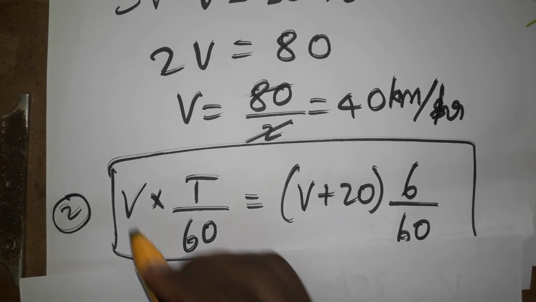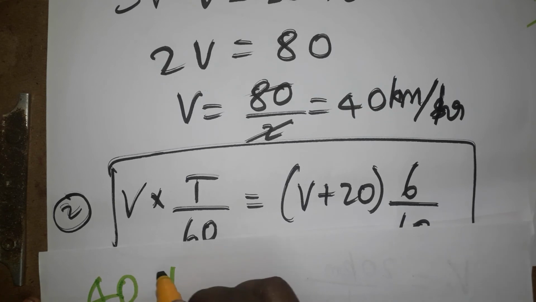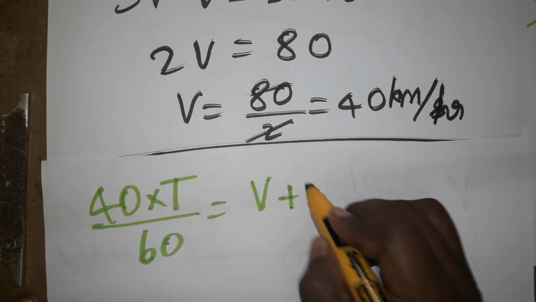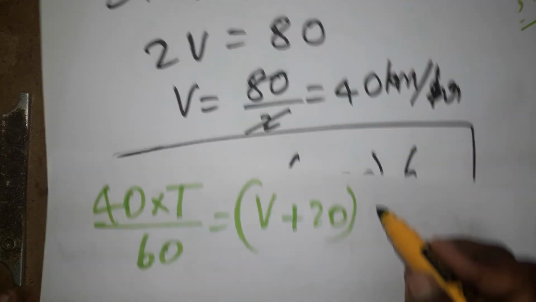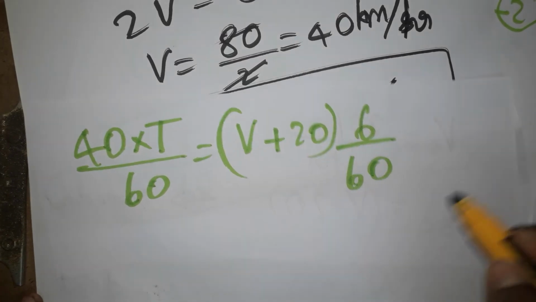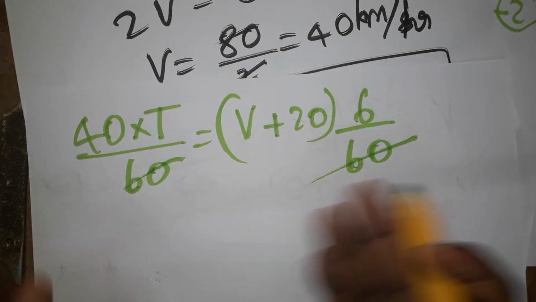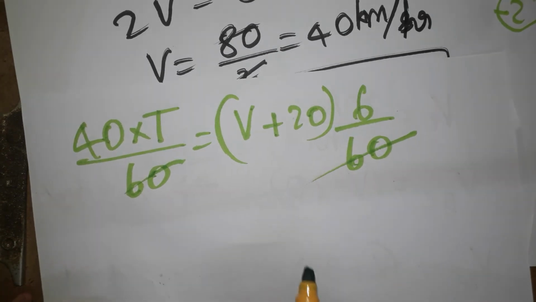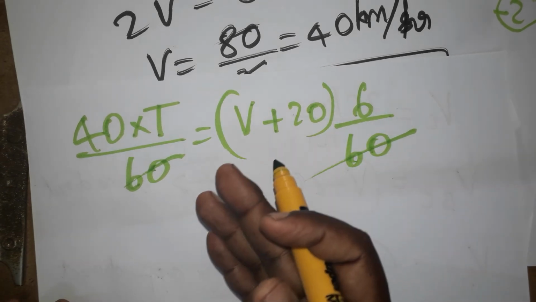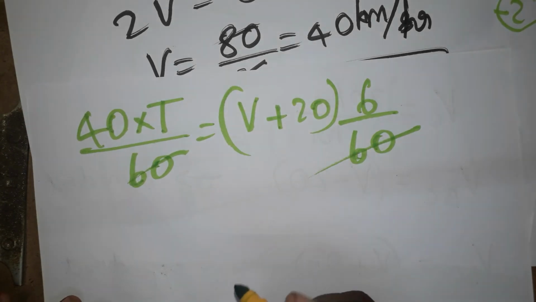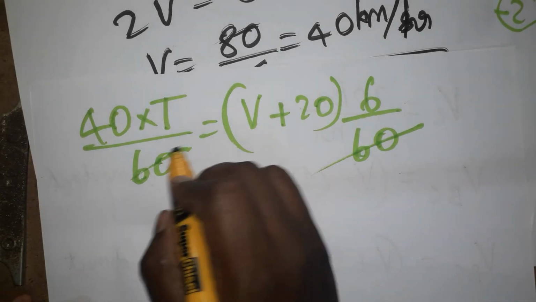Now the V value 40 I substituted: 40 times t divided by 60 is equal to (V plus 20) into 6 by 60. One more thing I want to tell you, 60 and 60 get cancelled, so our conversion is gone. So there is no conversion now. The time period whatever you get will be in minutes.